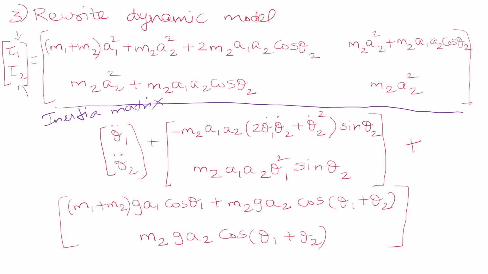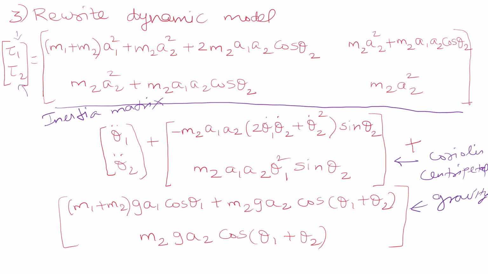And this vector is your Coriolis or centripetal vector. The last term is the gravity vector, right?